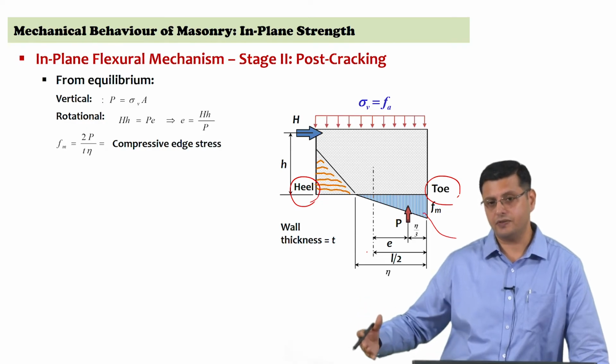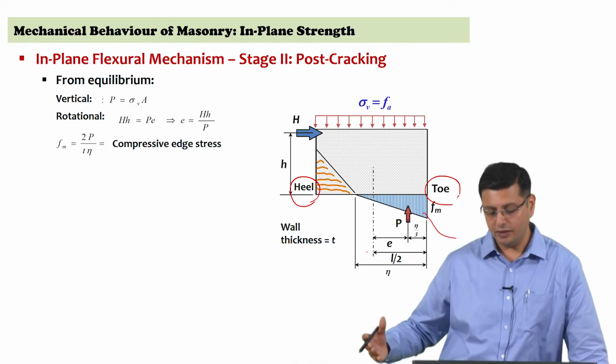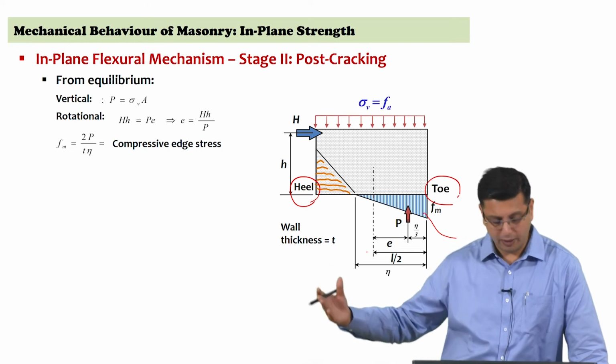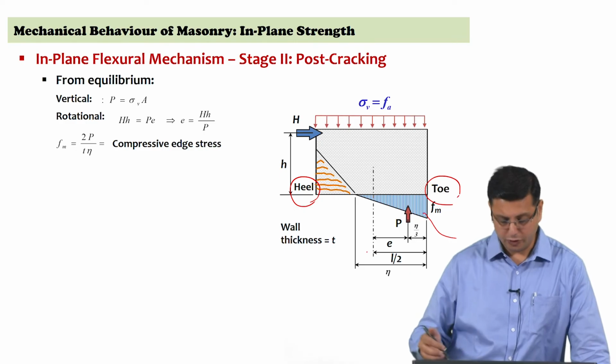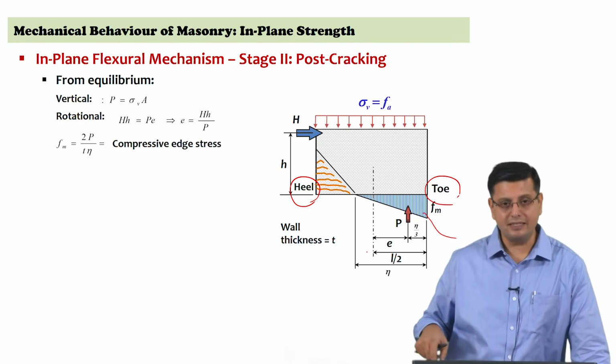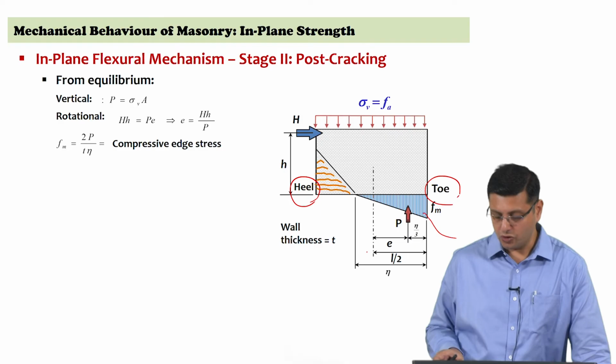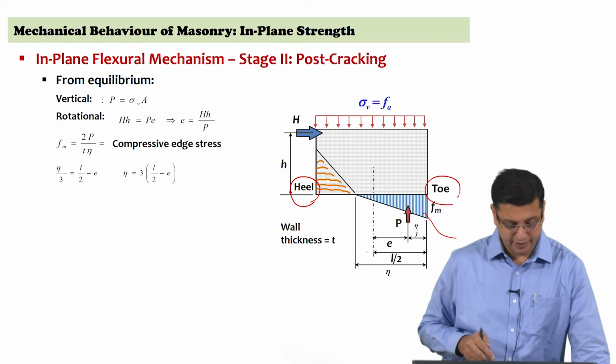Currently, the edge compressive stress is Fm, it is still within the elastic range, but this will approach Fu, or the crushing strength of masonry, and this is going to be equal to 2 times P by T into the length of the compressed zone, which is the triangular area itself.